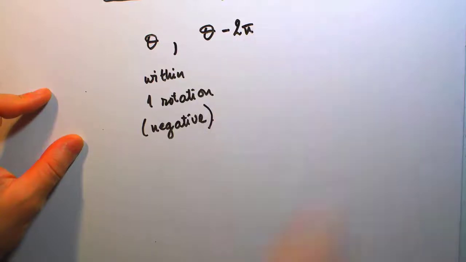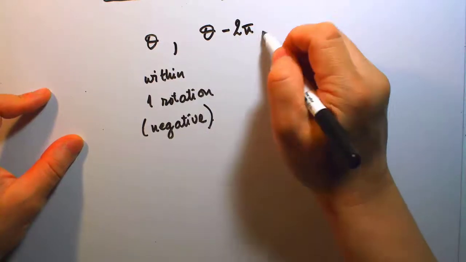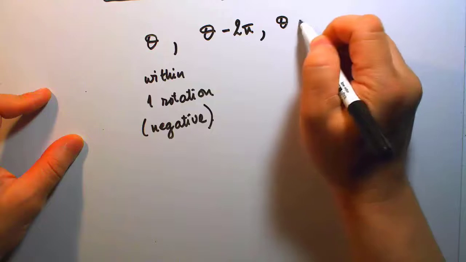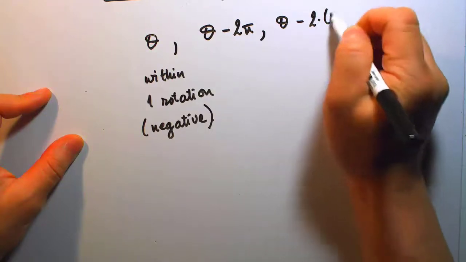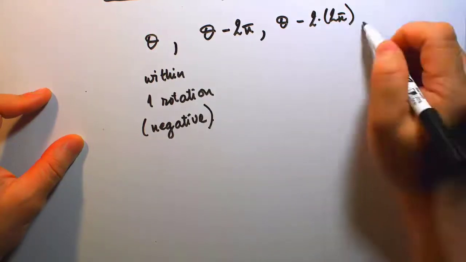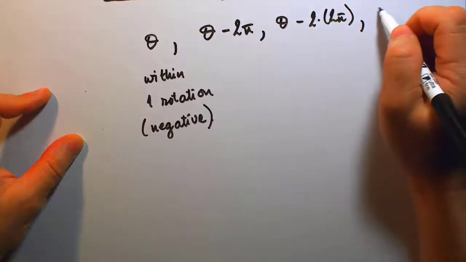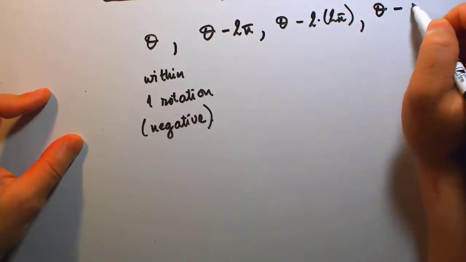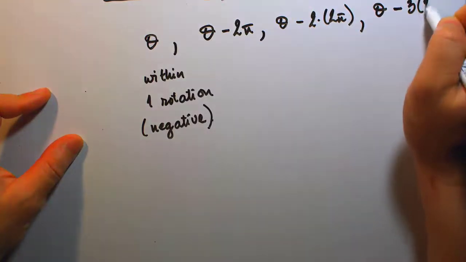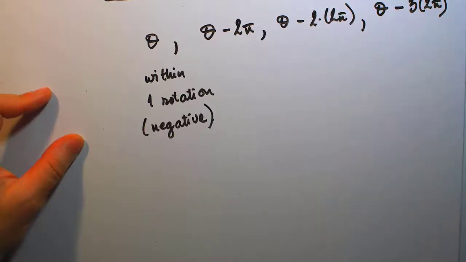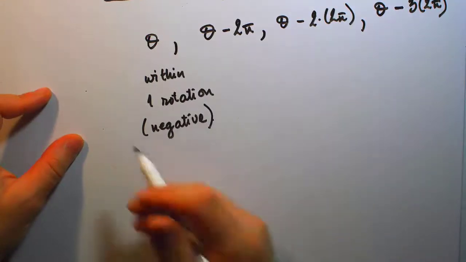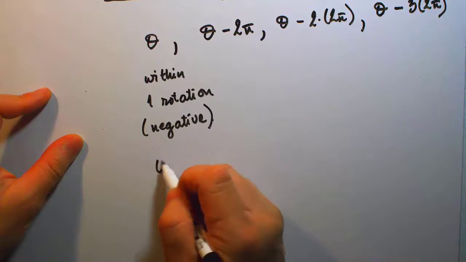And from where that is, we can go theta minus 2 times 2 pi, and you can go again. Additionally, we can make another theta minus 3 times 2 pi. And of course, in degrees, same idea again.